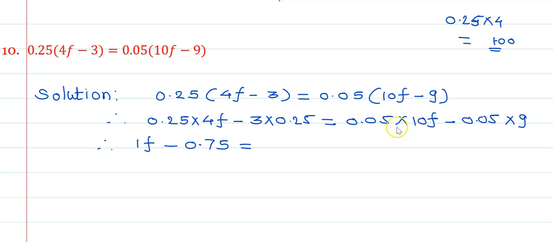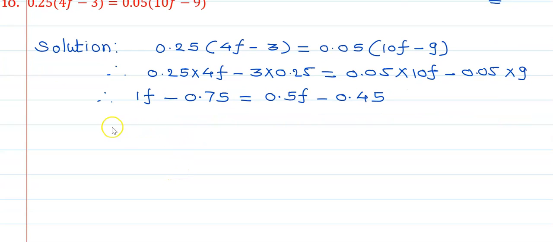Next is 0.05 into 10f. Now move the decimal one place, you will get 0.5f. Next is 0.05 into 9, you will get 0.45.